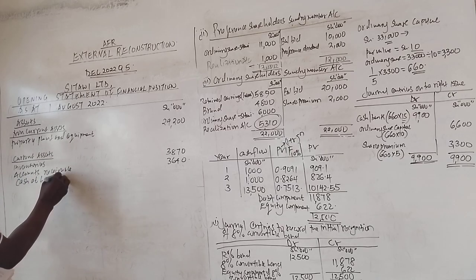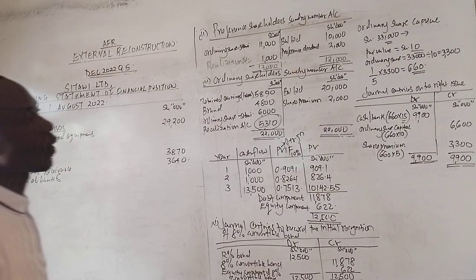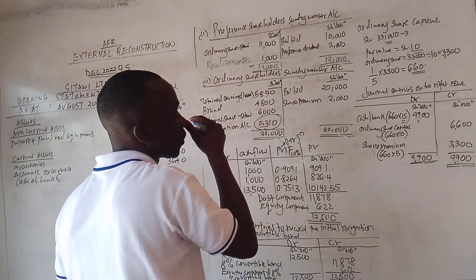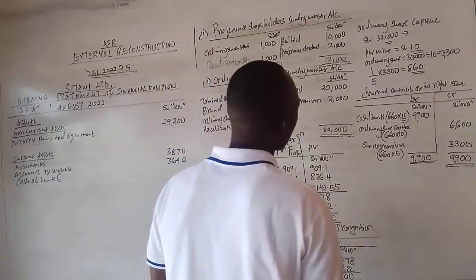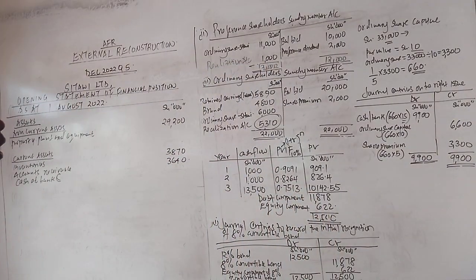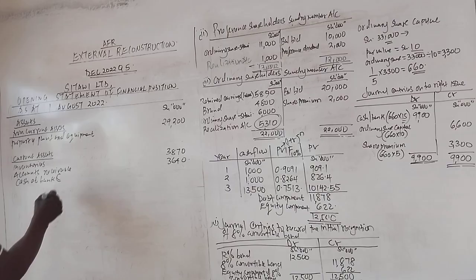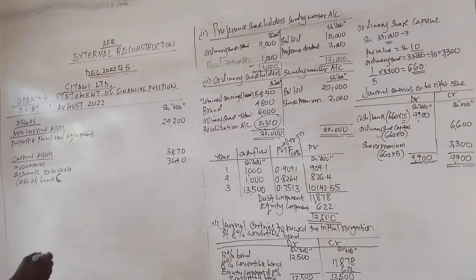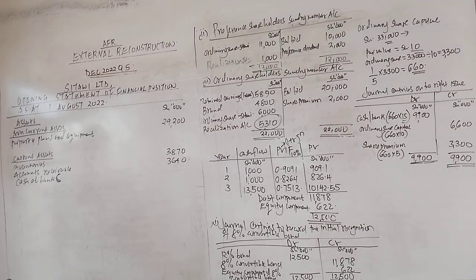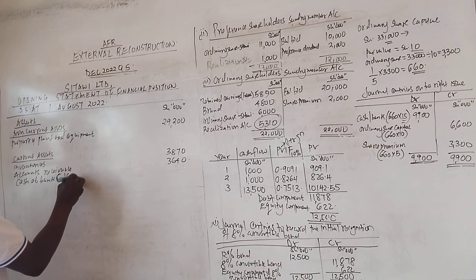Then we made some cash at bank. How much did we make? From the sale of the shares, if you confirm, our total was 16,000.